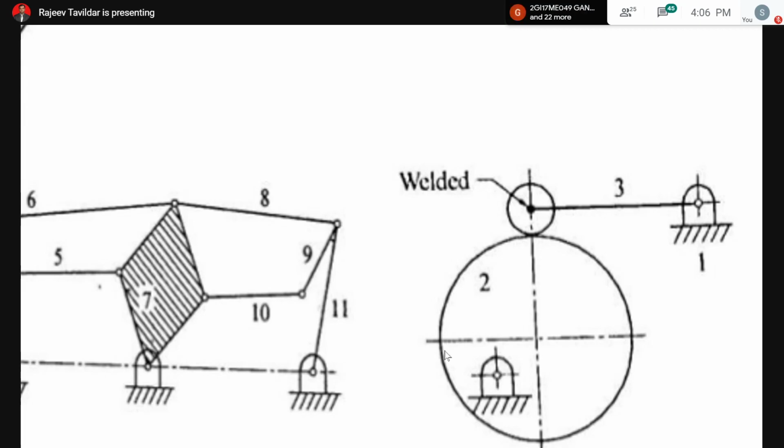Because of this offset, disk 2 will keep on rotating, as well as there will be y-axis movement, because of which the welded disk will be continuously sliding on it, and link 3 will keep on oscillating. So you can just try out this problem. The answer will still remain the same. Just because I'm changing the center of rotation of disk 2, it will not change the answer for degrees of freedom.